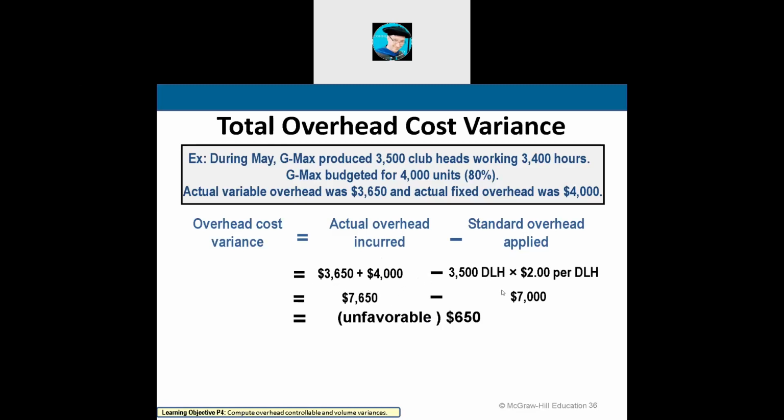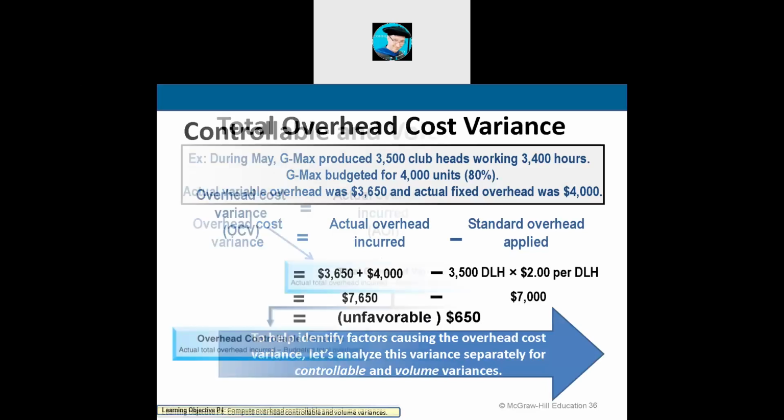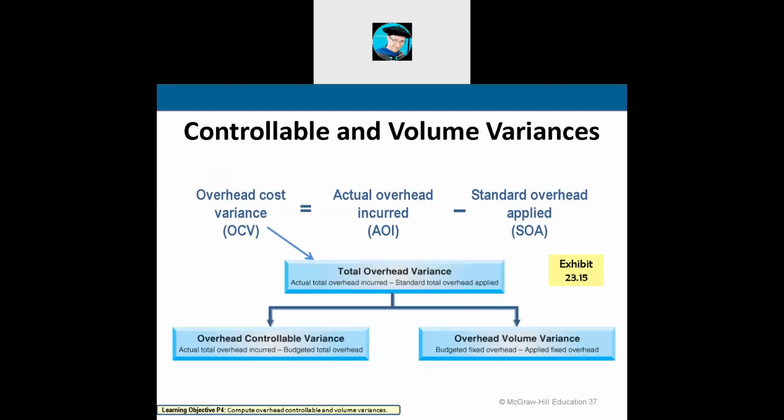The standard overhead was 3,500 times $2 per direct labor hour equals 7,000. 7,650 minus 7,000 is a difference of $650, which is unfavorable because the actual is greater than the standard. Actual overhead incurred minus the standard overhead applied gives you the overhead cost variance.